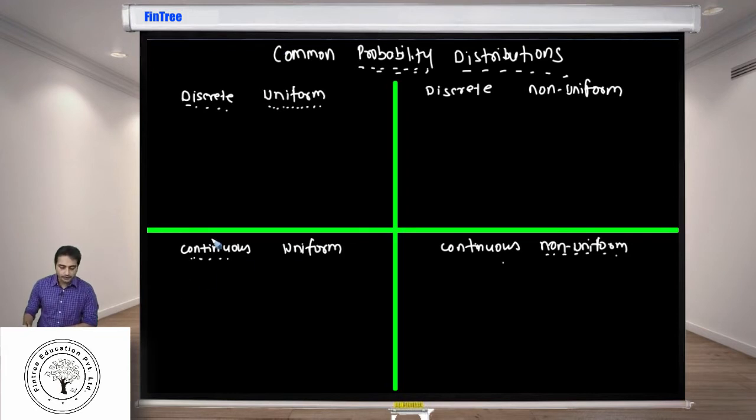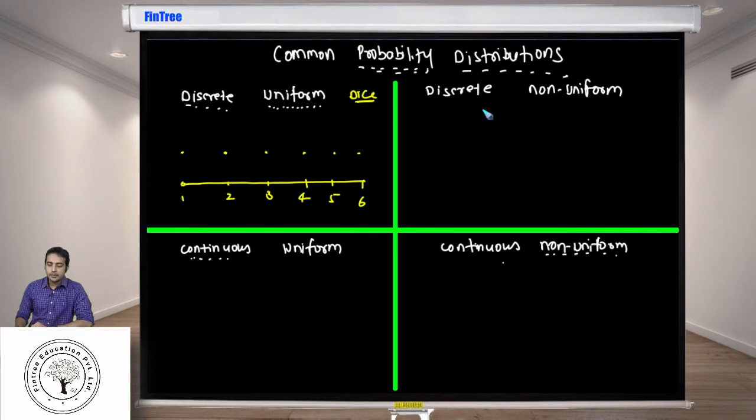Let's do an example of each one of them. The first one we've already done, the possible outcomes when you throw a dice. We know that 1, 2, 3, 4, 5, 6 and probability of each one of them was 1 by 6. Then we would look at discrete non-uniform.